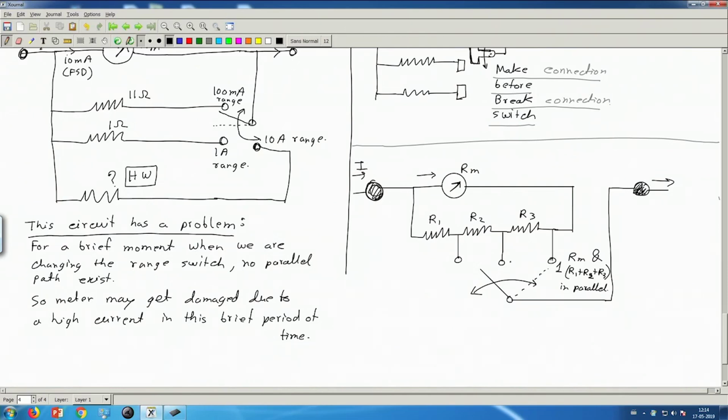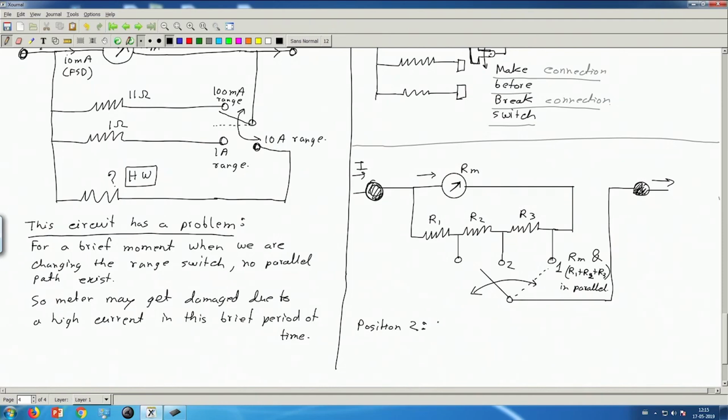Now for position 2, if I connect this switch here, I have Rm and R3 in series. Part of the current goes through Rm and then R3, and part of the current goes through R1 and R2 and then out.